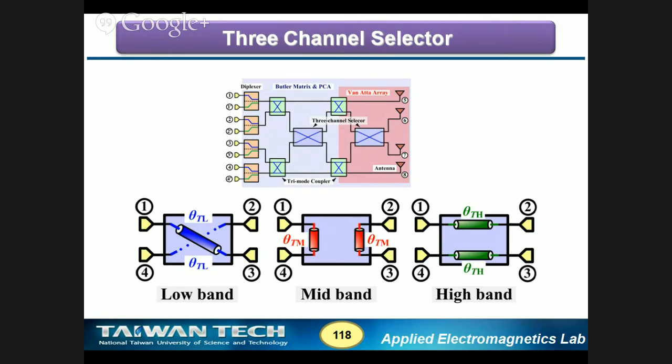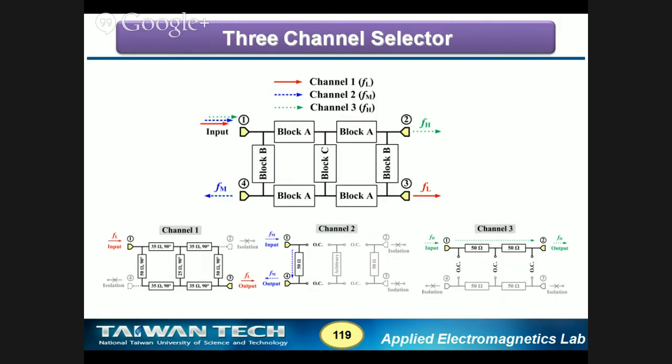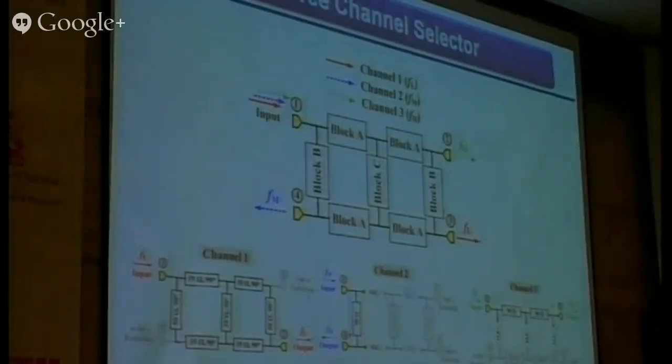In the mid band, there is an open circuit condition in the series passage. And in the high band, there is an open circuit condition in the shunt passage. So we must take care of the tri-band at the same time, and we need the so-called tri-mode building block or tri-mode synthesis transmission line.